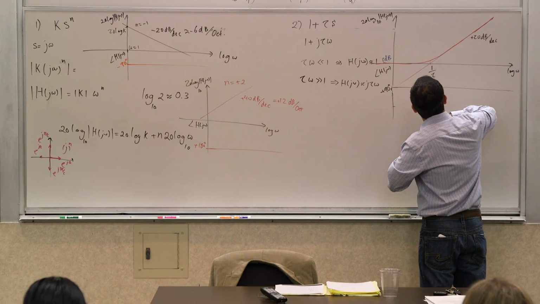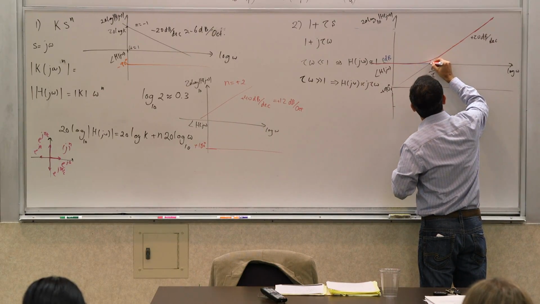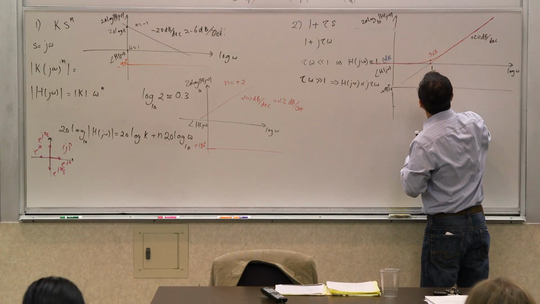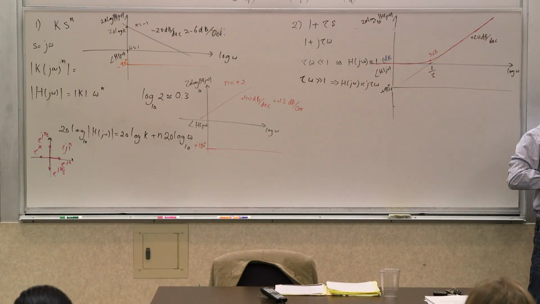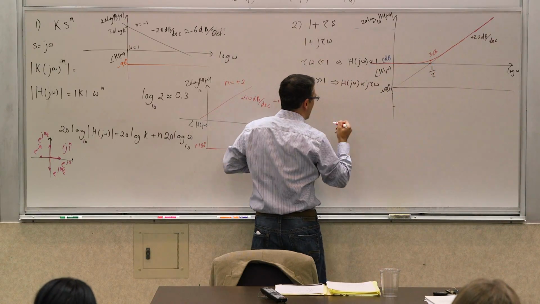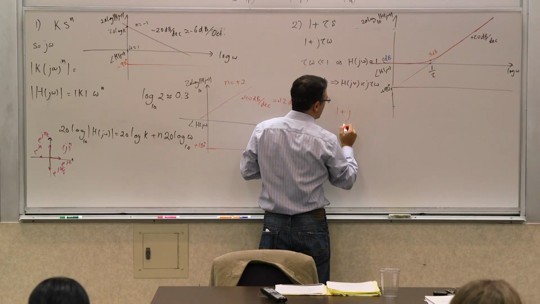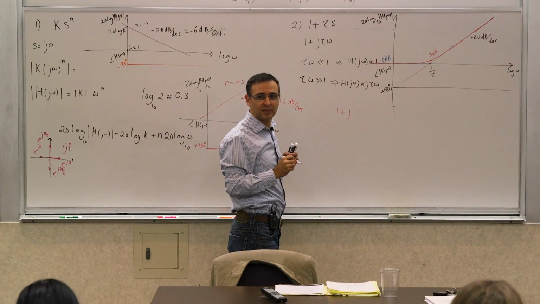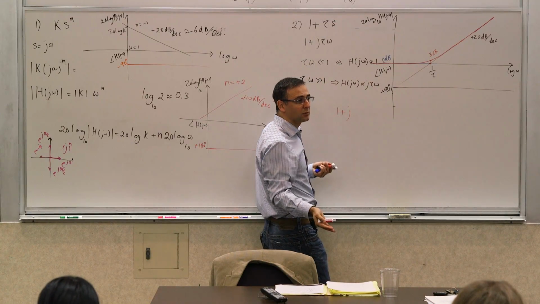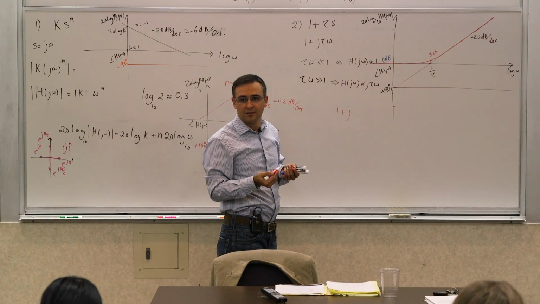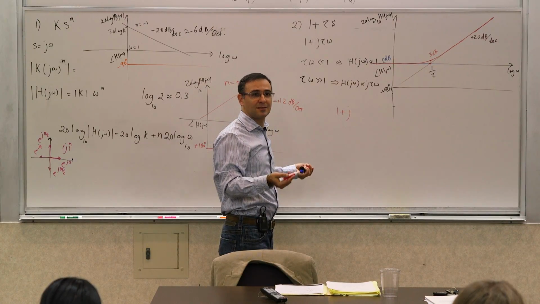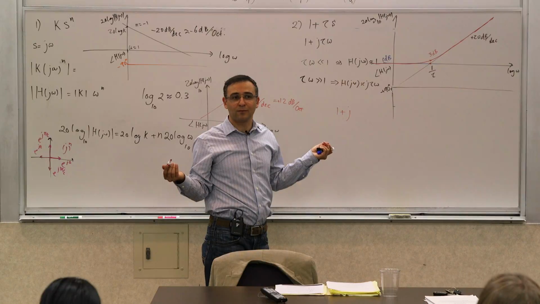And then what happens here is that this deviation is maximum at this point, and it's 3 dBs. You can easily show, right? Because at this point, when these two are equal, the thing looks like 1 plus j at that frequency, right? At that exact frequency, this becomes 1. So this becomes 1 plus j. What's the magnitude of 1 plus j? Square root of 2, right? And what is 20 log base 10 of square root of 2?